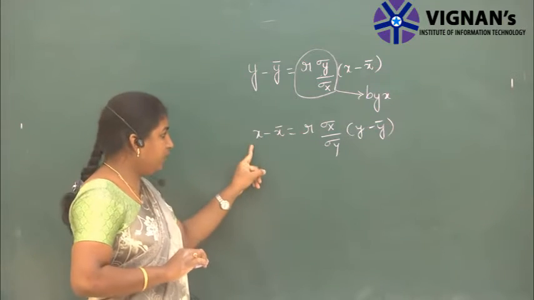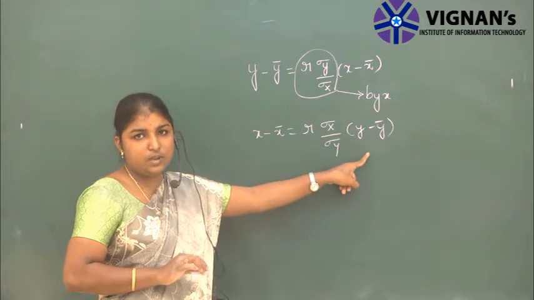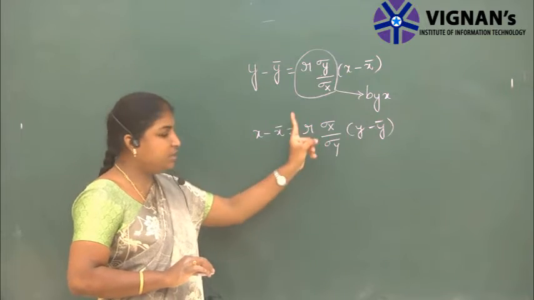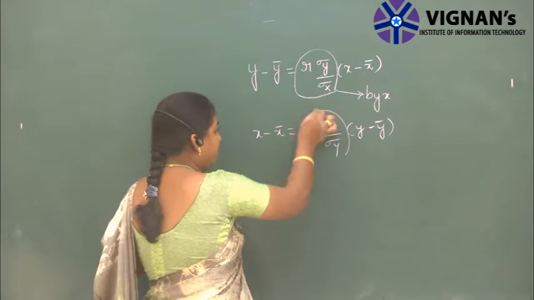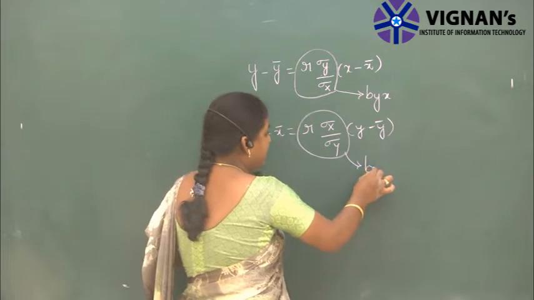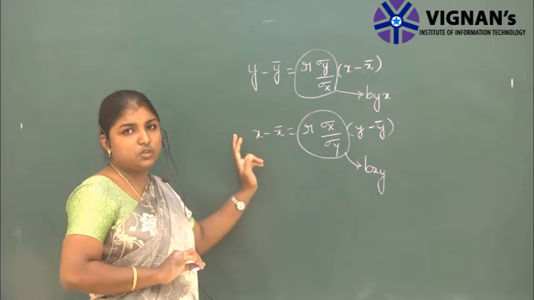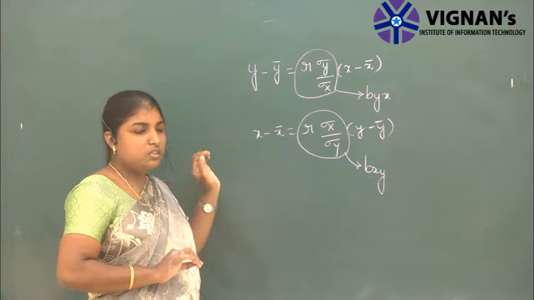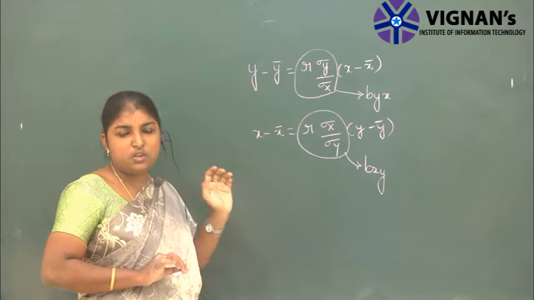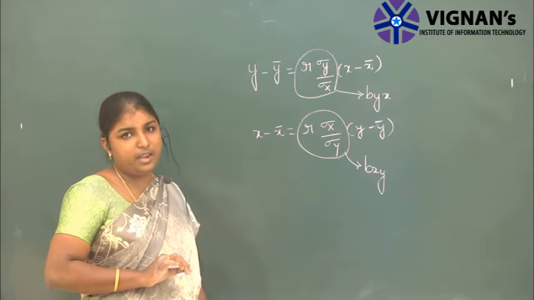So this is the x on y line, and the coefficient of y is represented by bxy, which is known as the regression coefficient of x on y line. So using these two formulas, now we are doing the problems on regression analysis.